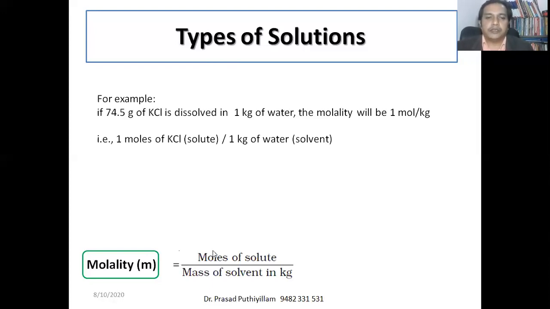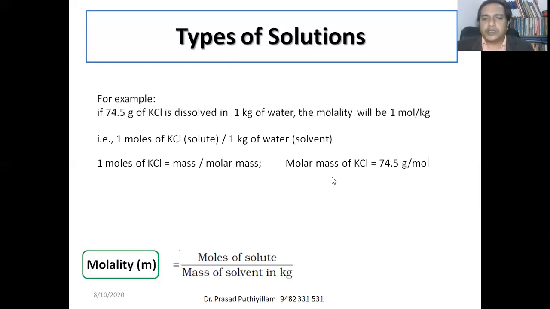Molality means the number of moles of solute per mass of solvent in kilogram. So here we say it is 1 mole, meaning the number of moles of solute will be 1 mole of potassium chloride. Moles can be calculated as mass per molar mass, and the molar mass of potassium chloride is 74.5 gram, which we can calculate from the atomic mass of potassium and that of chlorine combined.